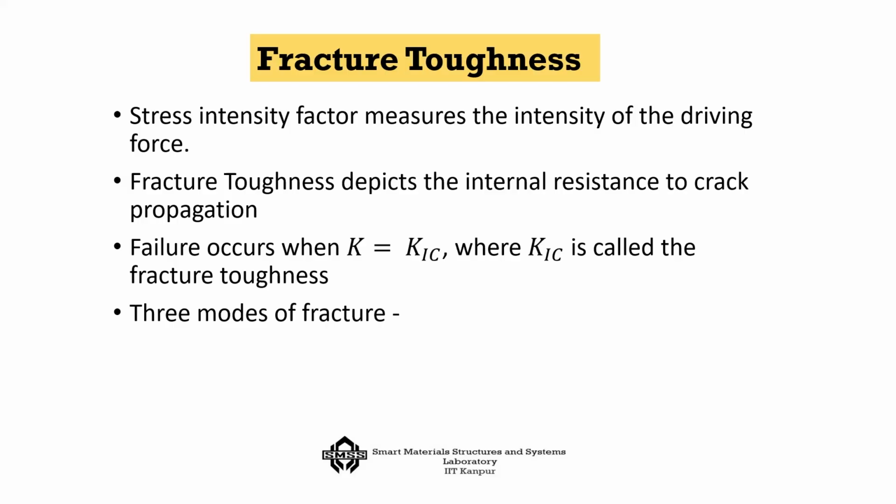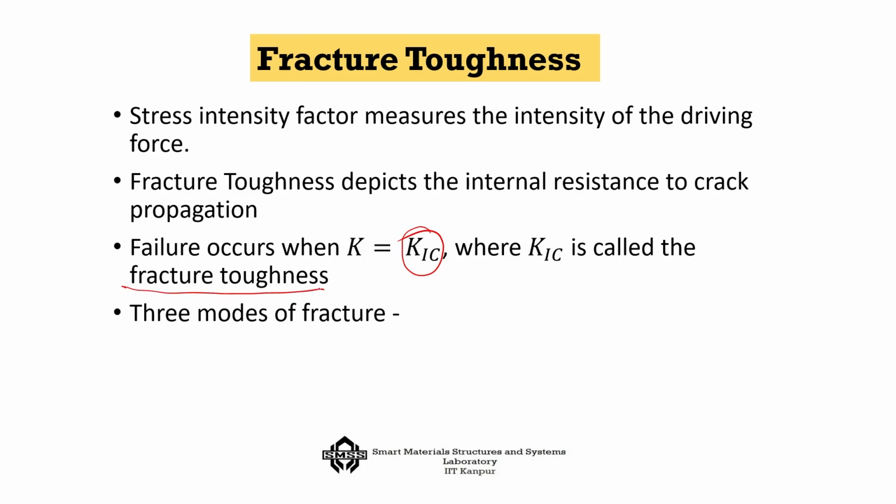Well, first of all, of course, you have to find out what is the K corresponding to your system, and then you have to see what the level of this K is, whether it is equal to KIC or not, where KIC is called the fracture toughness.